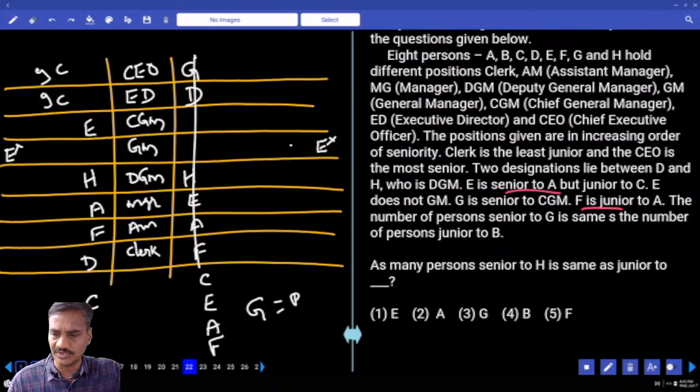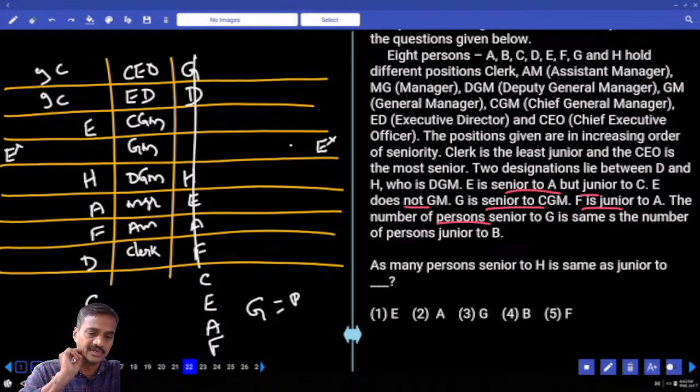E is senior to A but junior to C. E is not GM. G is senior to CGM. F is junior to A. The number of persons senior to G is the same as the number junior to B. Now here D is at this place. Let us work out CEAF afterwards.